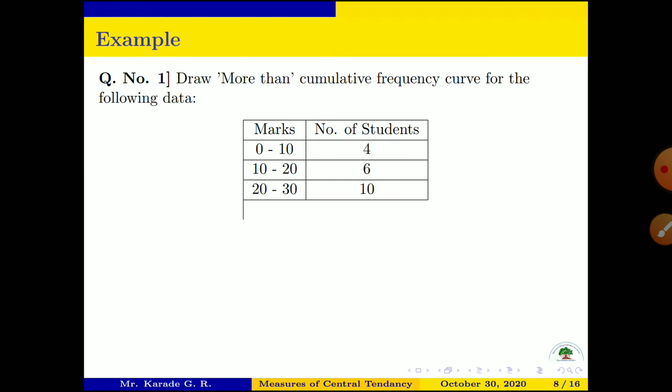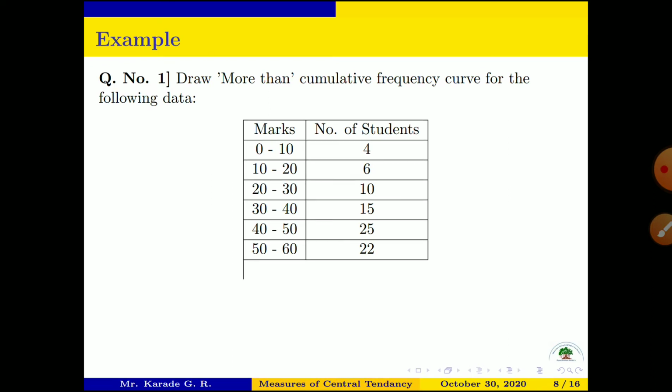There are 10 students having marks between 20 and 30. 15 students having marks between 30 and 40. 25 students having marks between 40 and 50. 22 students having marks between 50 and 60.